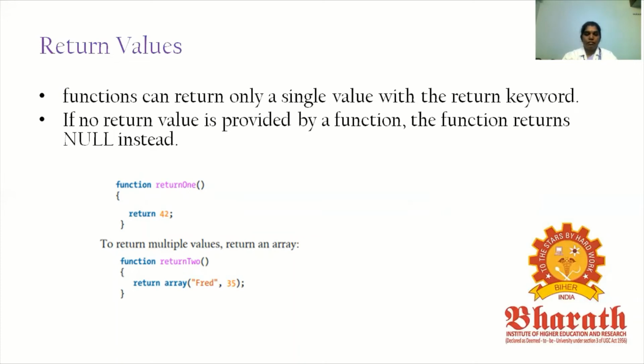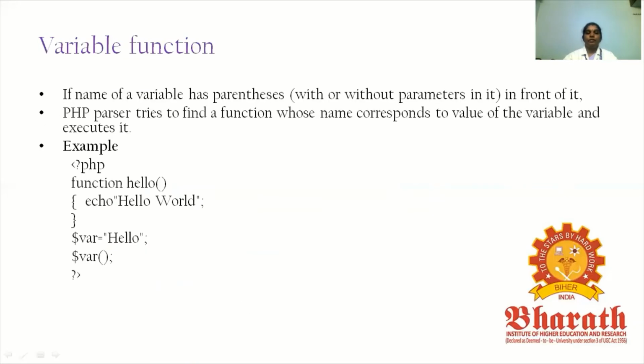In the example, function returnOne is the name of the function. You can give any name for the function, right? Return 42, so the function returns the value 42. To return multiple values, return an array. See the multiple values, the array used, array of 8, 35.